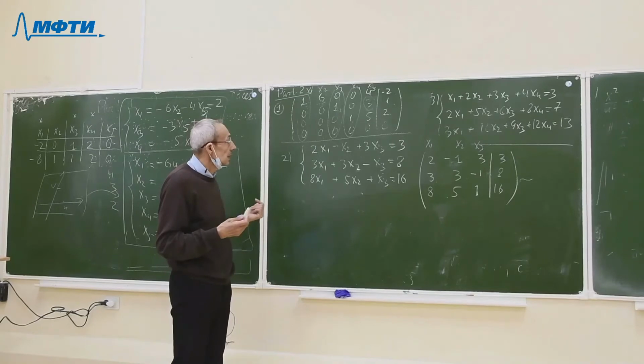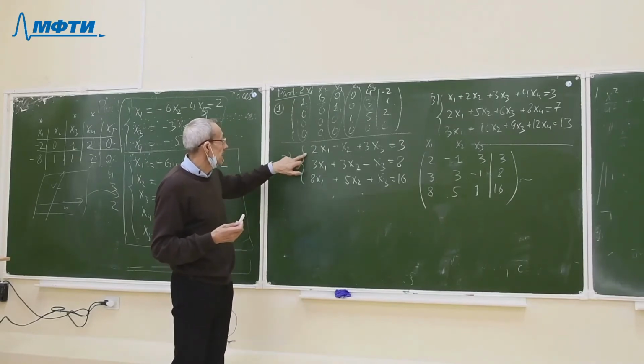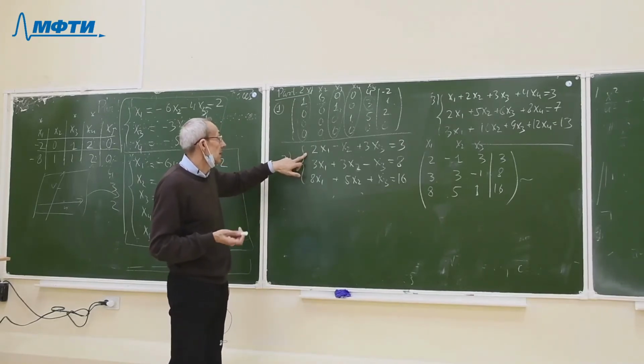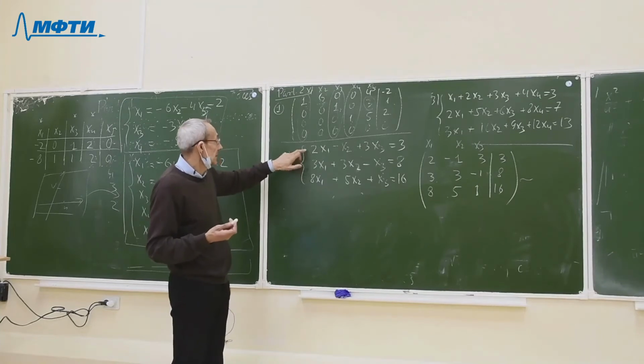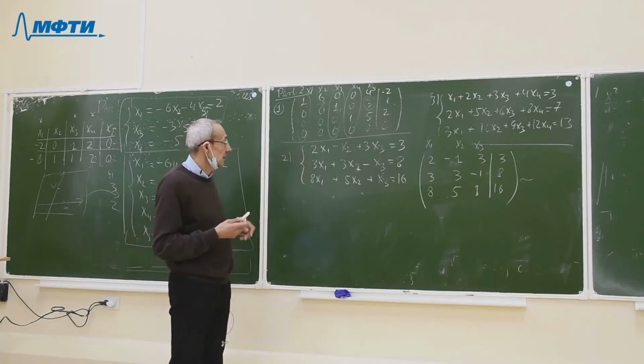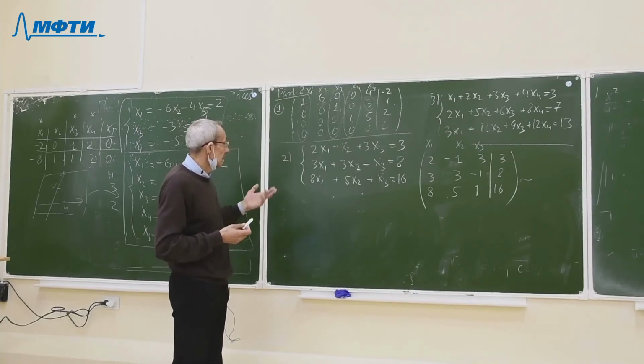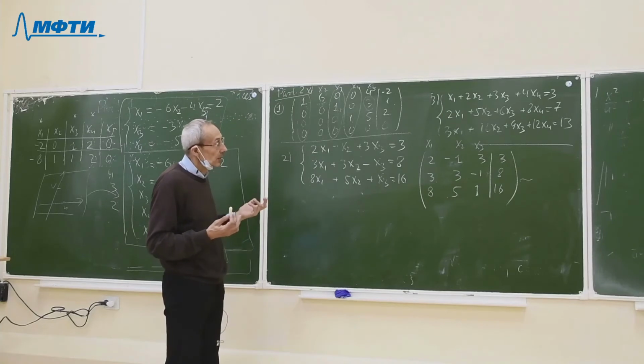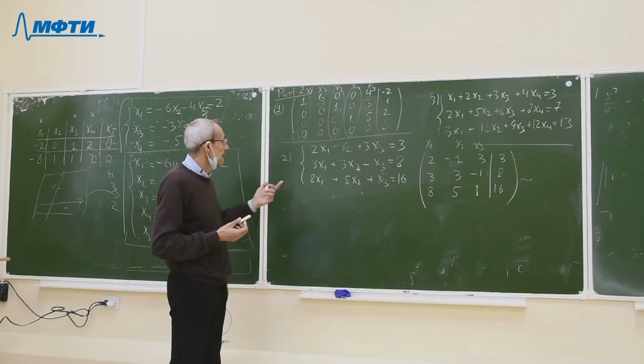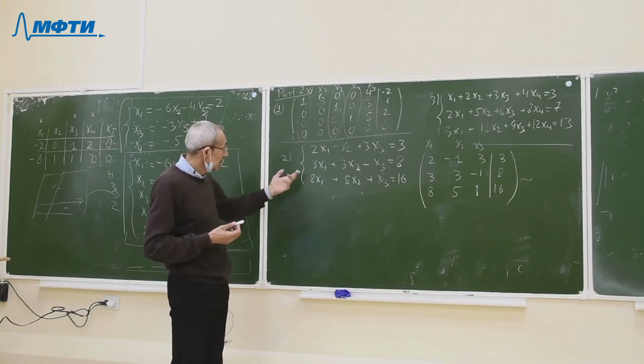We can obtain a first element such that this element divides the other elements of the first row. In our case, we can easily obtain this.